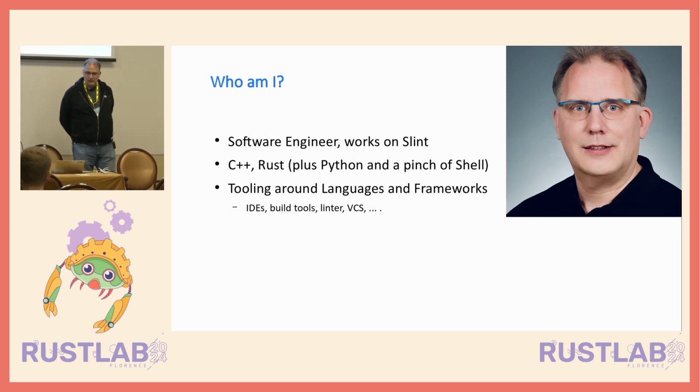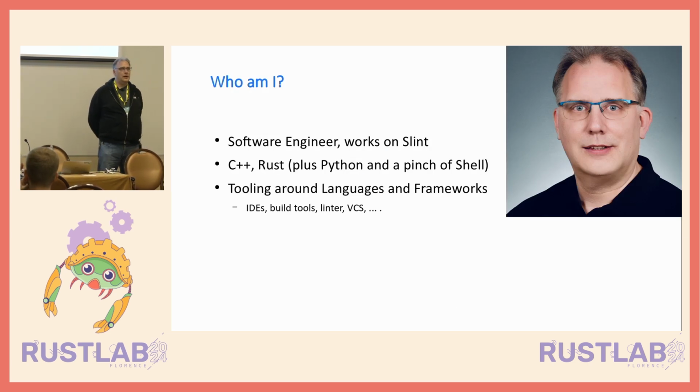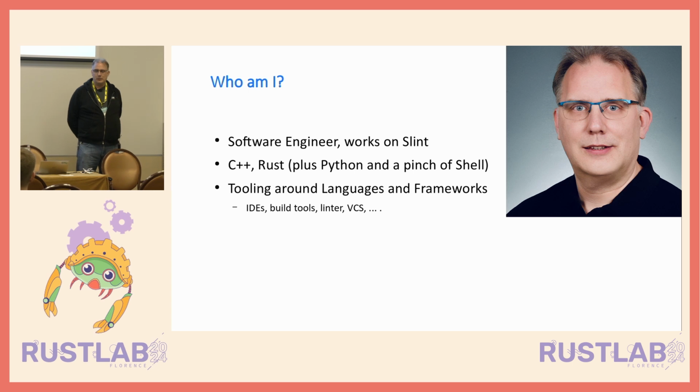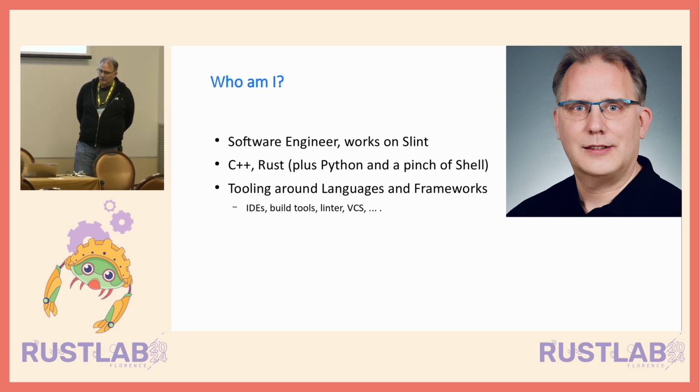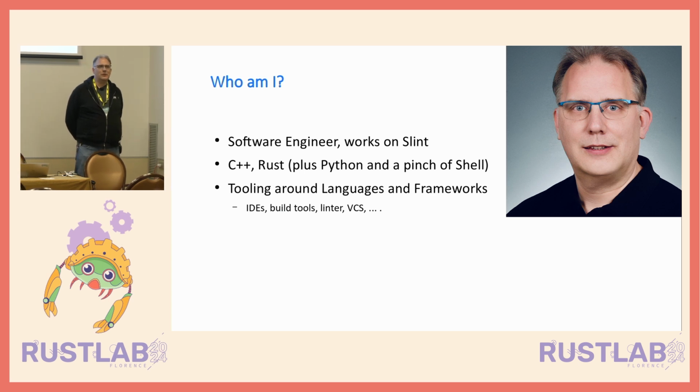My name is Tobias. I'm a software engineer at the company that works on Slint, 60 FPS GmbH. We are located in Berlin. I have a background in C++. I've done that for a couple of decades. I'm old. In the last 5 years, I've been doing mostly Rust development, full-time in a professional capacity. It's real great.